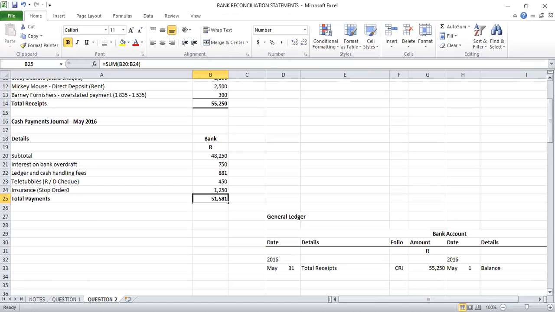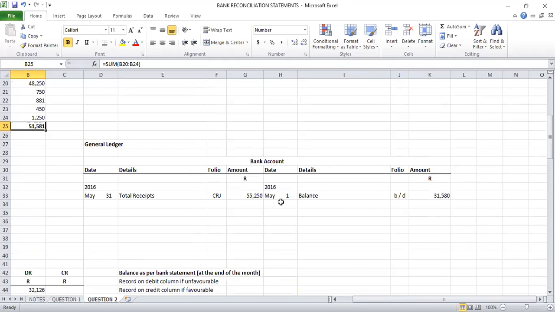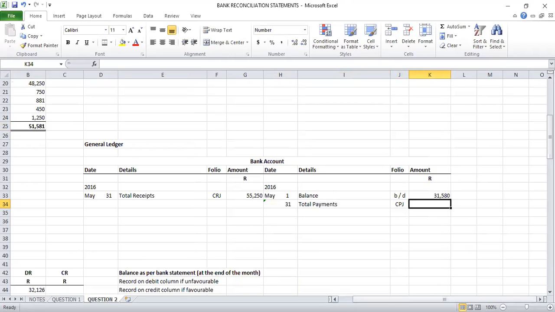It will reduce the amount in our bank account. So we record it on the credit side on the last day of the month. Total payments. That's CPJ. 51,581. So that's how we post our payments.